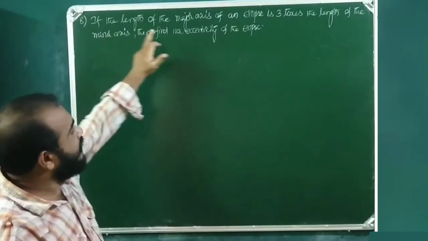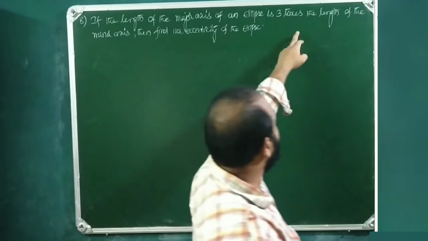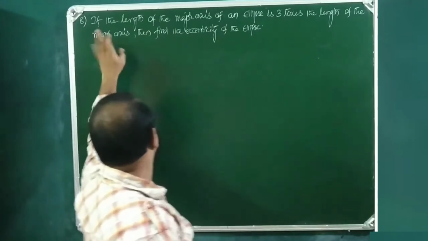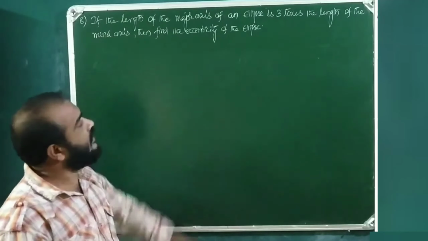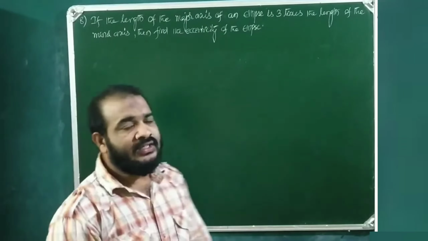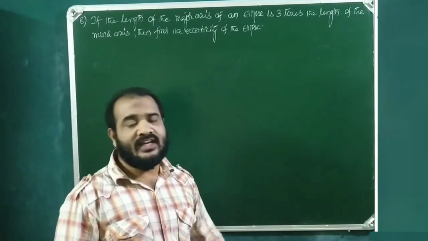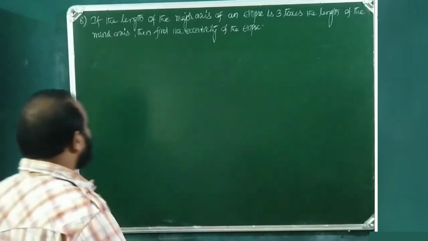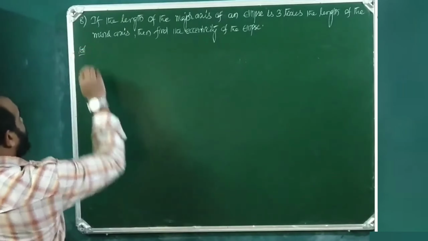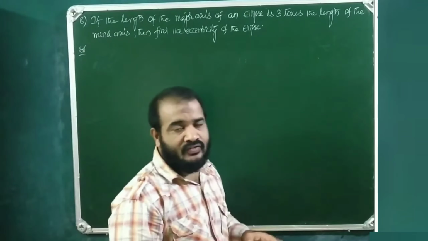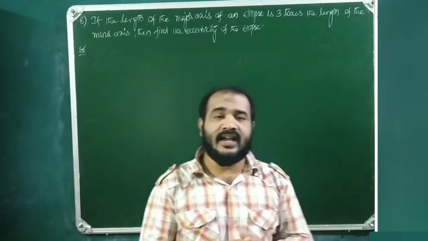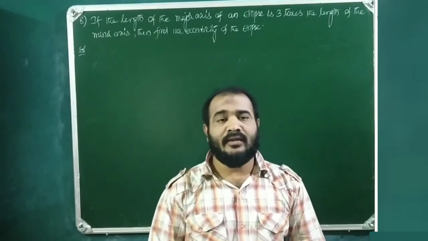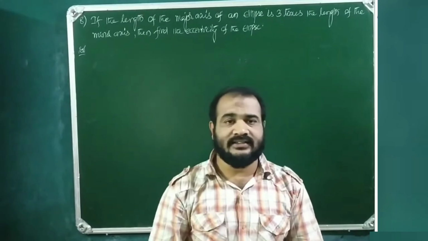If the length of the major axis of an ellipse is 3 times the length of the minor axis, find the eccentricity of the ellipse. Since a particular case is not given, let us take the a greater than b case only. So for a greater than b, the major axis is along the x-axis and the minor axis is along the y-axis.